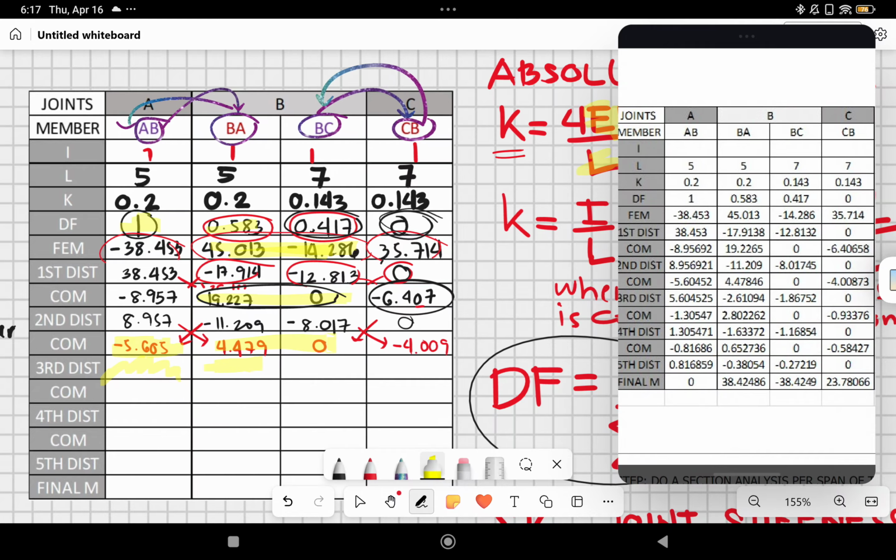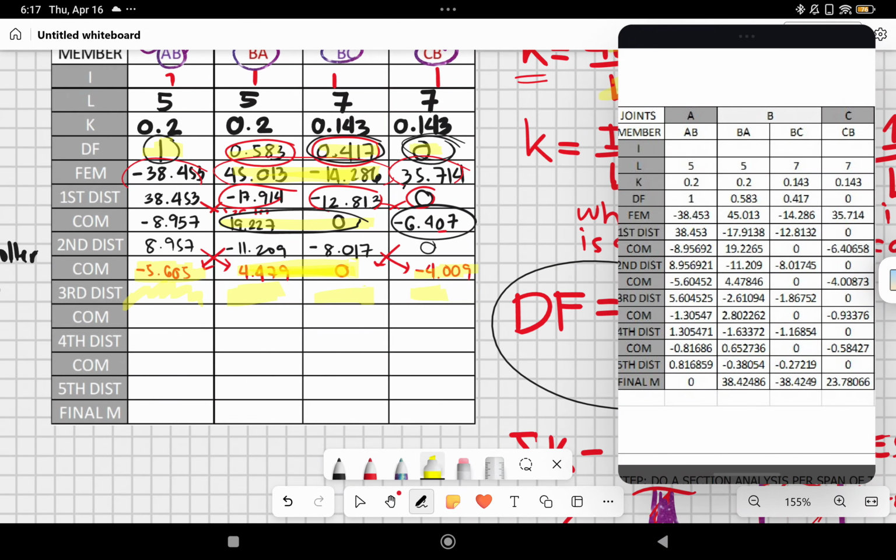And again, 4.479 plus 0 times negative times 0.417. And ganun yung dito, isa lang na moment yan, so that is negative 4.009 times negative times 0. Okay, so you repeat the process until you reach the fifth distribution.